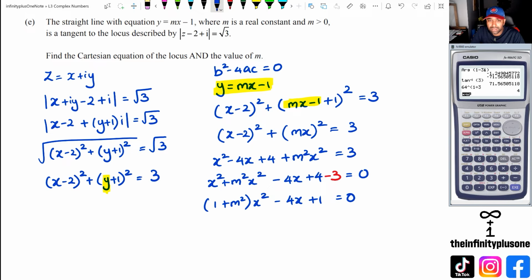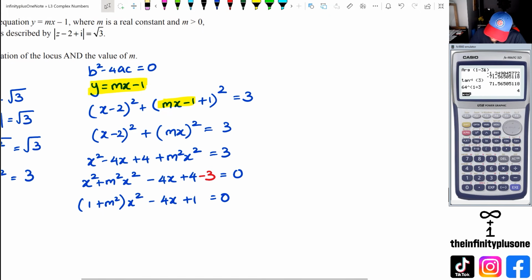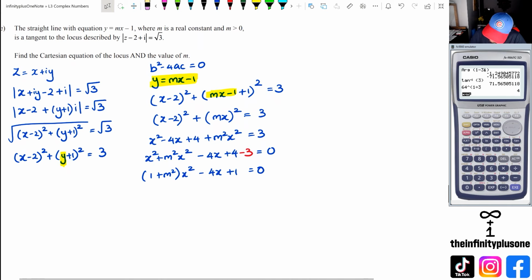So far so good, but all I've done here is work out the quadratic equation. So now I've got to put in the b squared minus 4ac part, which should help me figure out what that m value is. So just going to zoom that out here. We've got b squared minus 4ac, which means we've got a, which is equal to 1 plus m squared, b, which is equal to minus 4, and then c is equal to 1.